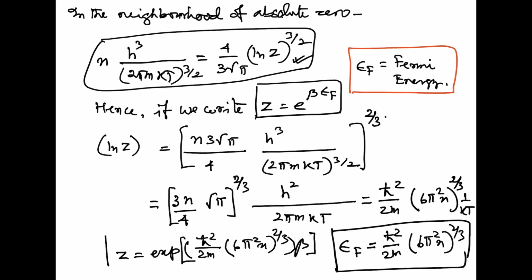So this is epsilon F, the Fermi energy. The physical significance of Fermi energy can be demonstrated if we consider the average occupation number near absolute zero.